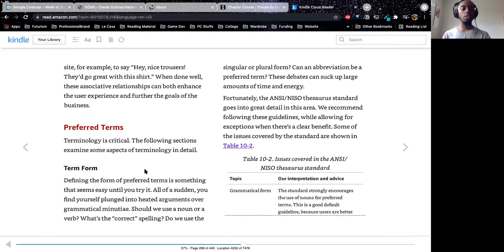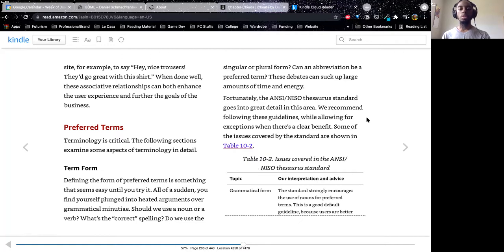Preferred terms. Terminology is critical. The following sections examine some aspects of terminology in detail. We have term form. Defining the form of preferred terms is something that seems easy until you try it. All of a sudden, you find yourself plunged into heated arguments over grammatical minutiae. Should we use a noun or a verb? What's the correct spelling? Do we use a singular or plural form?